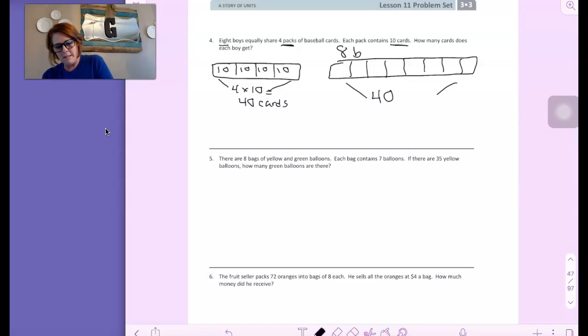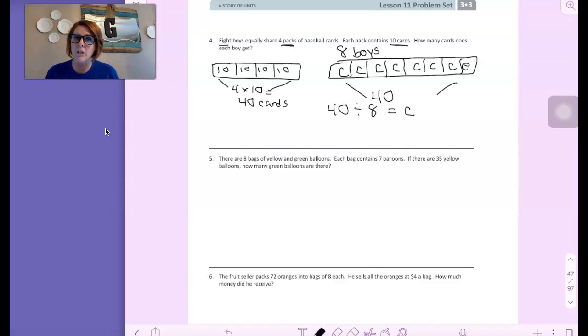I know that I have 8 boys. So this is our unknown, right? We don't know how many are in each. So our division equation is 40 divided by 8 equals C. And now if you know that 40 divided by 8, you can write your answer down. If you don't, you can use a strategy to figure it out.